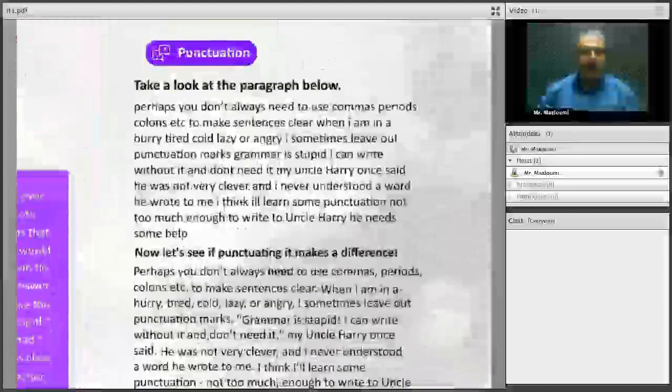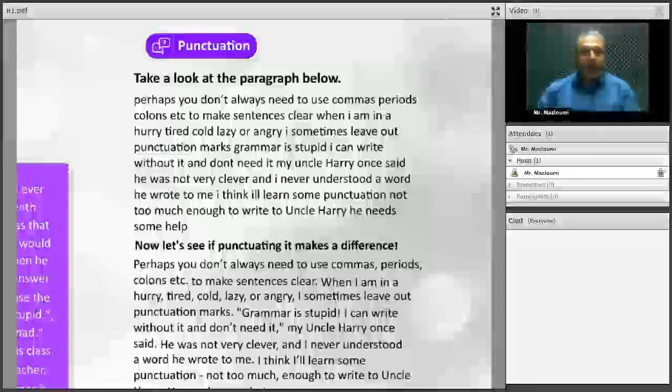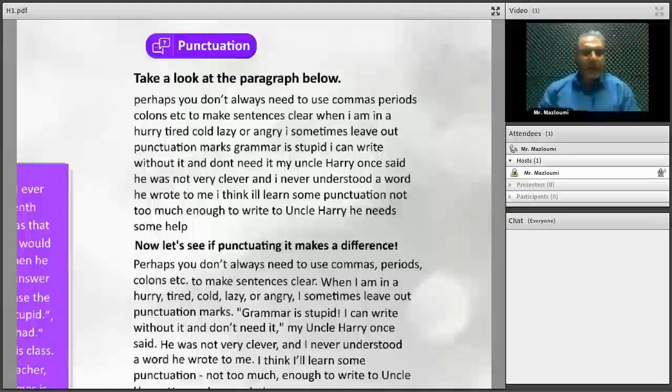Well, punctuation. Everyone, punctuation means punctuating our sentence, our paragraph. There are different punctuation marks, full stop, question mark, exclamation point, apostrophe, capitalization.